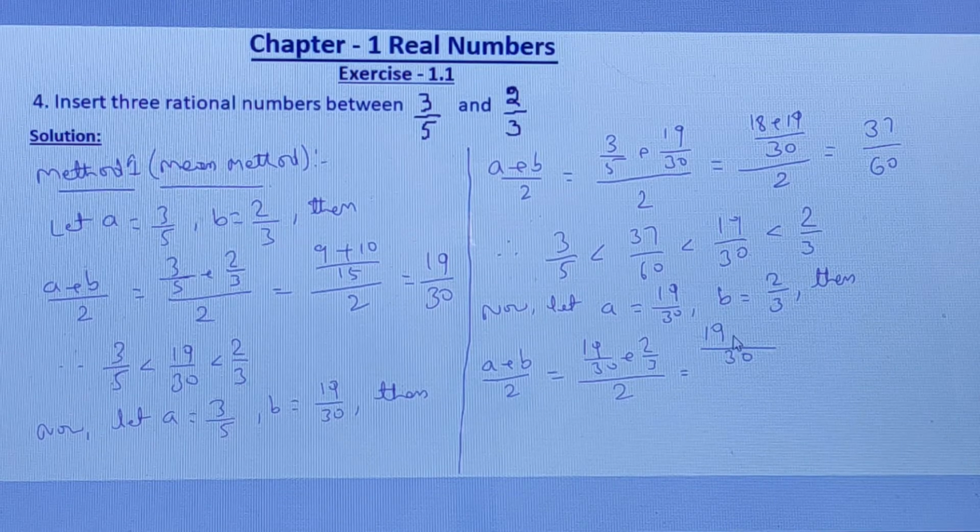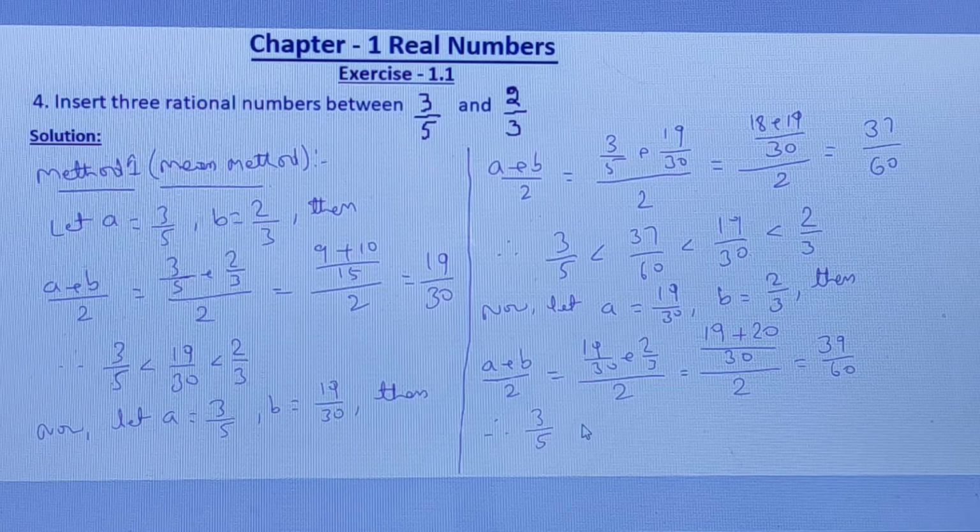So this is 19 plus 20, entire thing divided by 2. So this is nothing but 39 by 60. Therefore, 3 by 5 is less than 37 by 60 is less than 19 by 30 is less than 39 by 60 is less than 2 by 3.